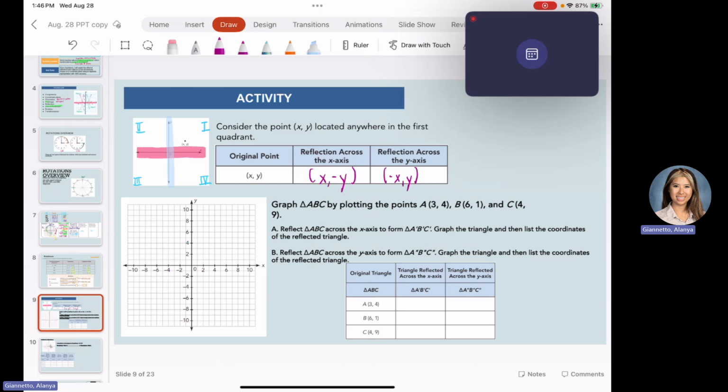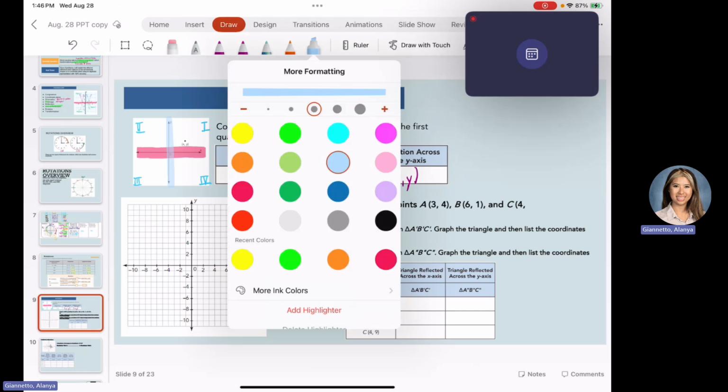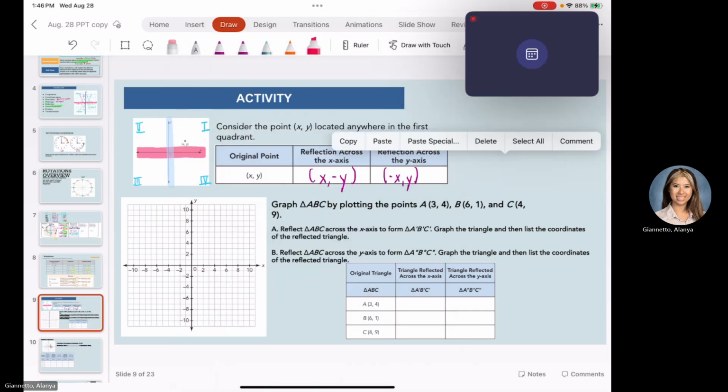So an easy way to remember the rules for reflections is that if it's reflected across the x-axis, it's the x-coordinate that stays the same. If it's reflected across the y-axis, it's the y-coordinate that stays the same. And so the other letter will flip signs or change signs.